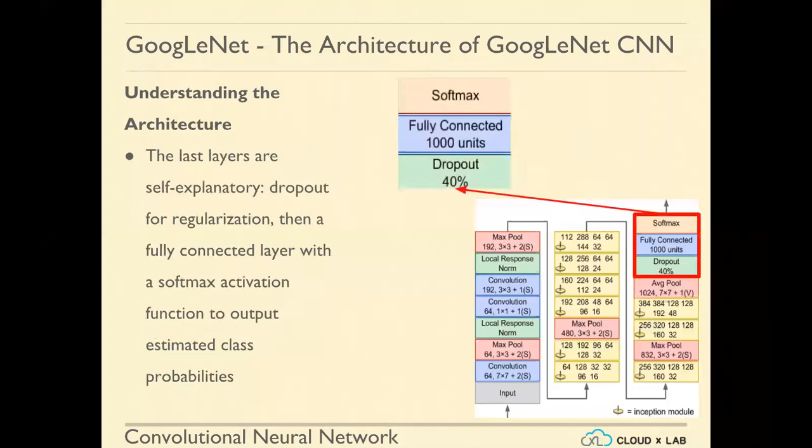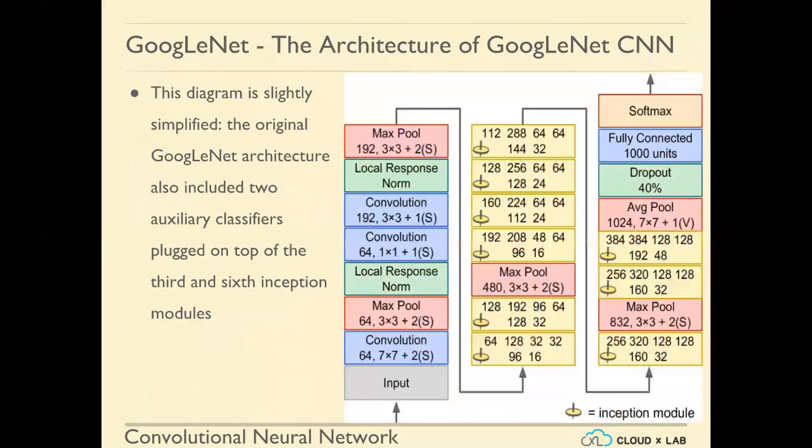Now, the last layers are self-explanatory. So you can see that the dropout is for regularization, then the fully connected layers with a softmax activation function to output estimated class probabilities. Okay. So this diagram is slightly simplified. The original GoogleNet architecture also included two auxiliary classifiers plugged on top of the third and sixth inception modules.